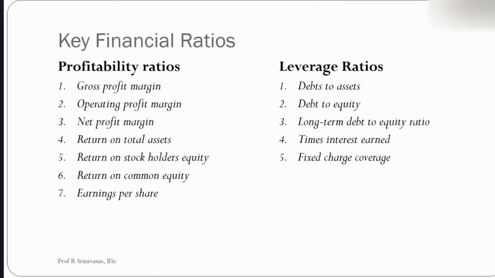The fourth ratio that you are looking at is the times interest earned. What is this times interest earned? It is calculated by the formula profits before interest and taxes divided by the total interest charges. What does this give you? It measures the extent to which earnings can decline without the firm becoming unable to meet the annual interest costs.